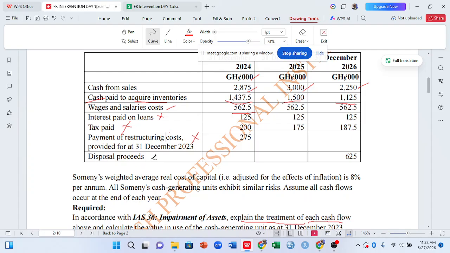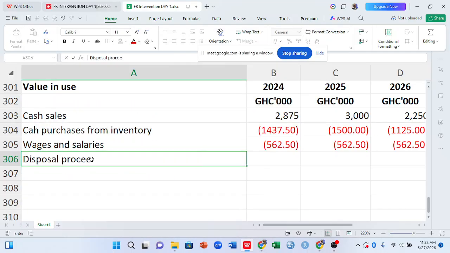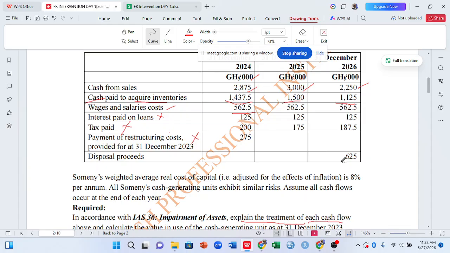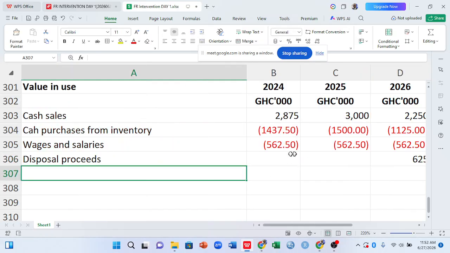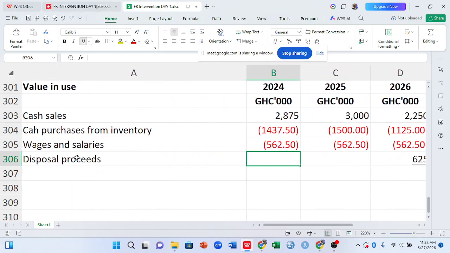Let's come to disposal proceeds. Are you going to consider disposal proceeds? This is proceeds, a cash inflow. Yes, so we are going to consider the proceeds of 625. That's for the last year. This one is an inflow, so we bring it there. Then you find the respective totals for each.